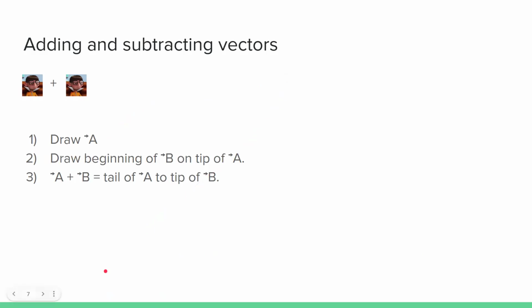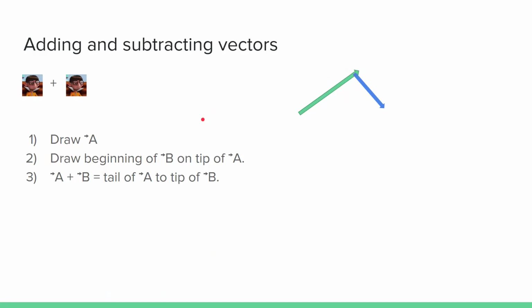And this might seem strange a little bit, but let's just say that we have two vectors, A and B. You might have a visual representation of what these would look like on a coordinate system. And let's say A looks like that and B looks like that. Well, B is always going to have its tail on the tip of A. So the tail meaning the start of it. See that? So B has its tail on the tip of A. That's the second thing you do.